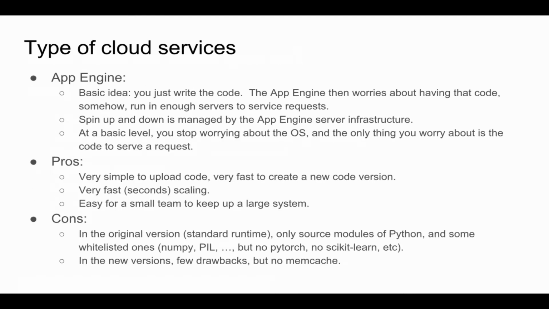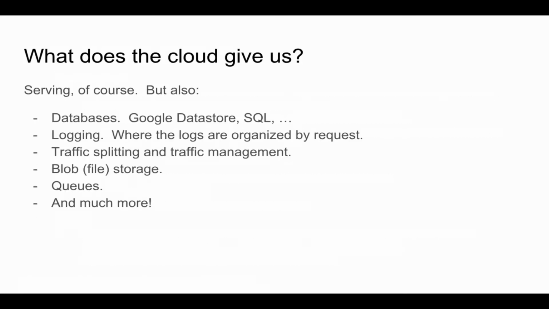So I will explain in this presentation how to upload applications to App Engine. Later, I think in a later lesson, because we want to break up the material in some units, but I want to also give you a better overview of what the cloud can do for you. So the cloud can essentially take care of serving, but it can also take care of your database, so where to store data.